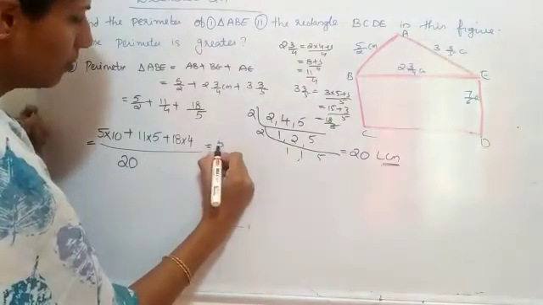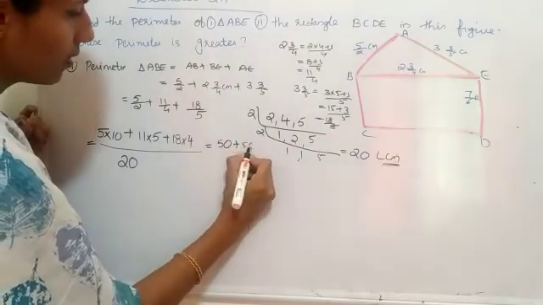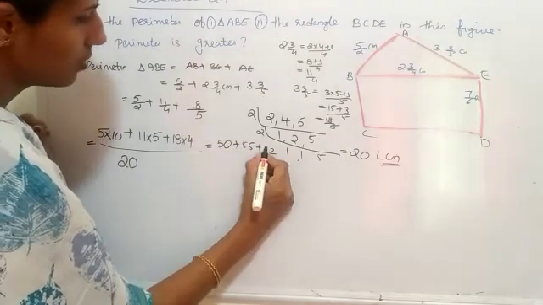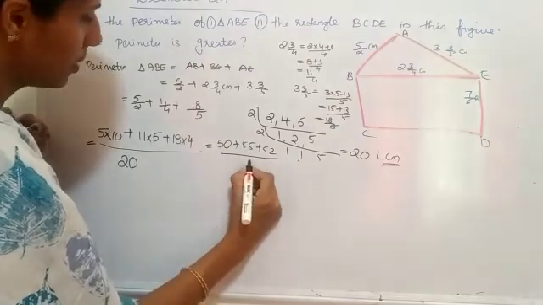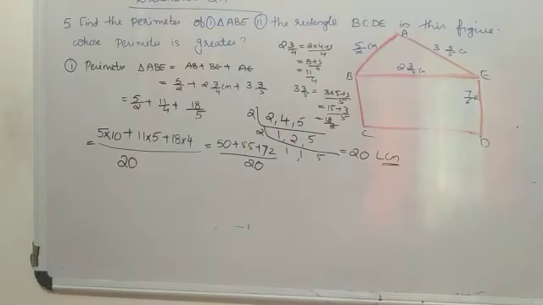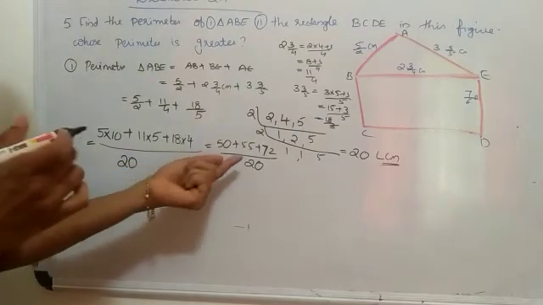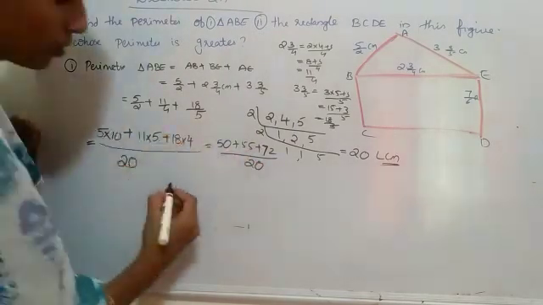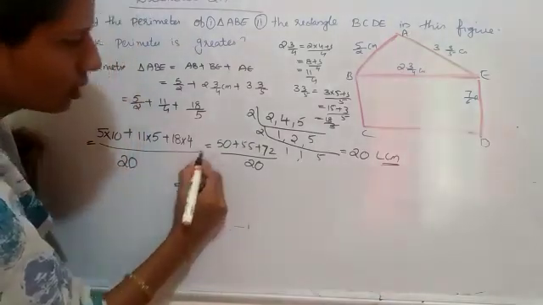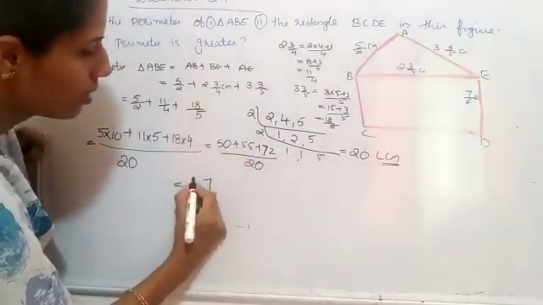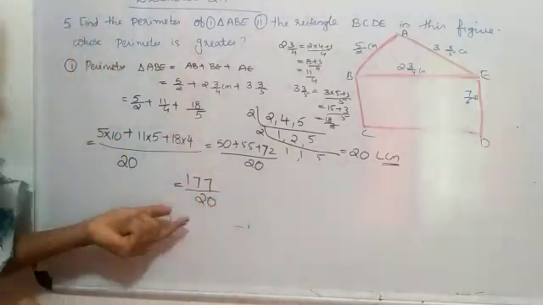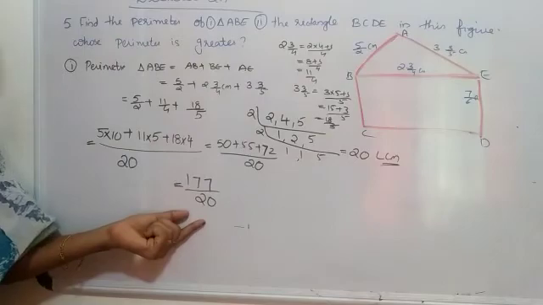So it will become 50 plus 55 plus 72 divided by 20. Okay. So we will get what? 50 plus 55 plus 72 is equal to 177 divided by 20. It is given as an improper fraction.